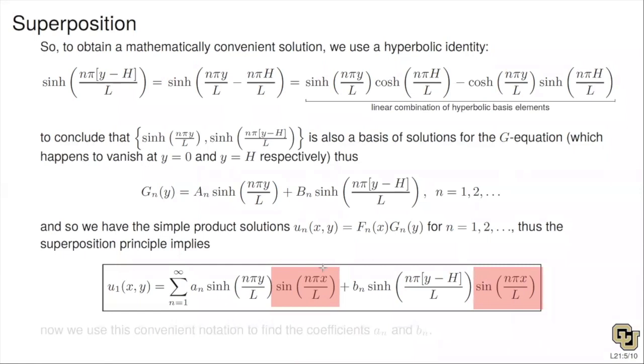Here's our x variable. And here is the other part. So this was our G equation solution. So there's the sinh n pi y from the G equation. There's the sinh n pi y minus h over L from the G equation.